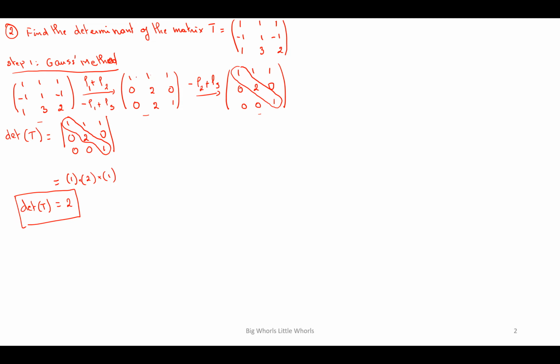However, if you multiply a row by k, then you have to multiply the determinant function by k. Or if you swap rows, then you have to multiply the determinant by minus 1. Okay, but if you just change one row by row combinations, then you don't change the determinant.